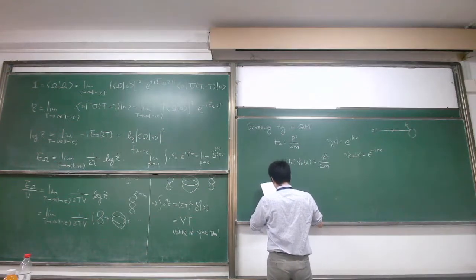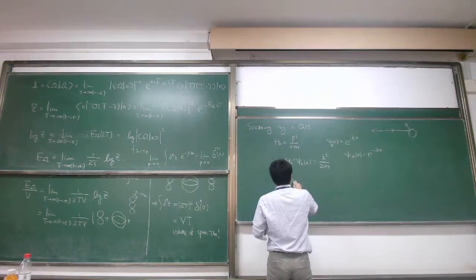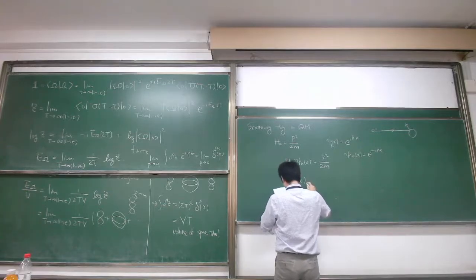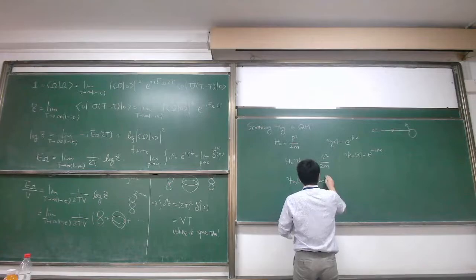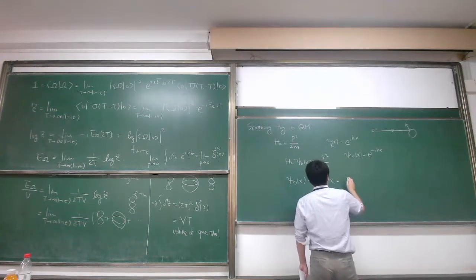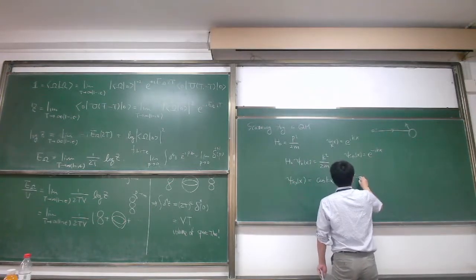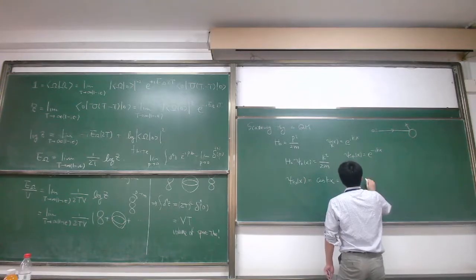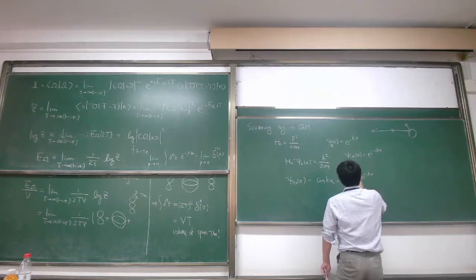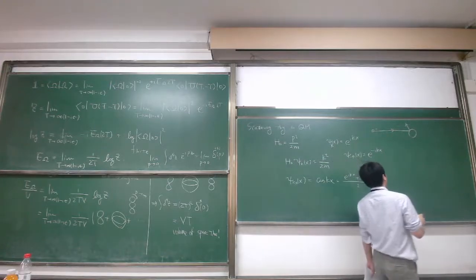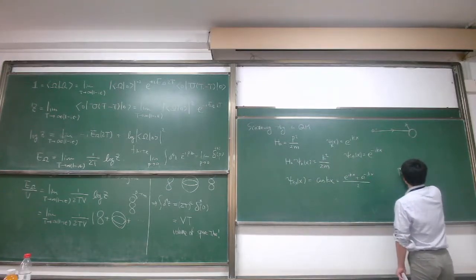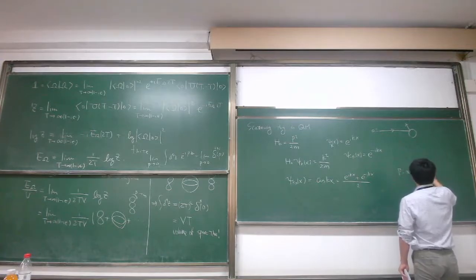One is psi k even, which is cos kx, which is just e to the ikx plus e to the minus ikx over 2. This is even under parity, where the parity transformation P is x goes to minus x.